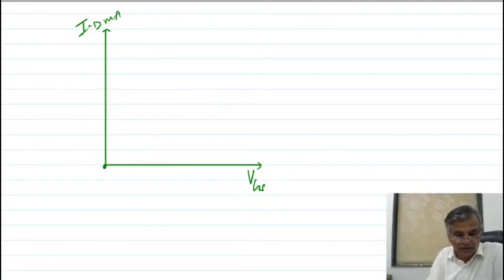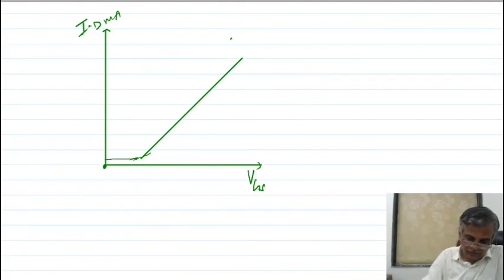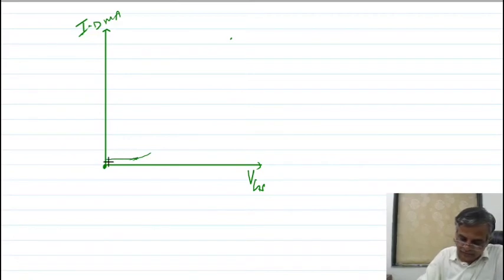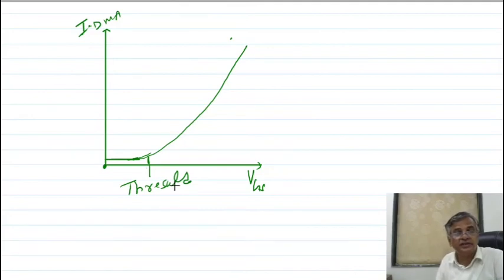But as you give VGS a certain value, current starts to flow, or a sufficient channel is developed, and you will get such kind of graph. This indicates a certain minimum voltage is required for the conduction of the MOSFET, which is called the threshold voltage.